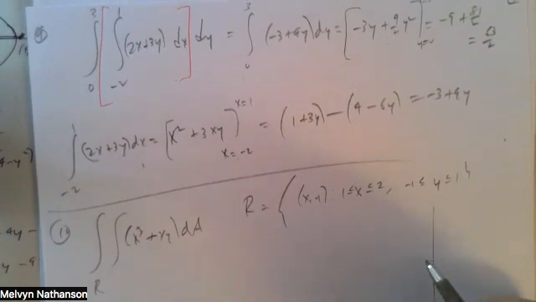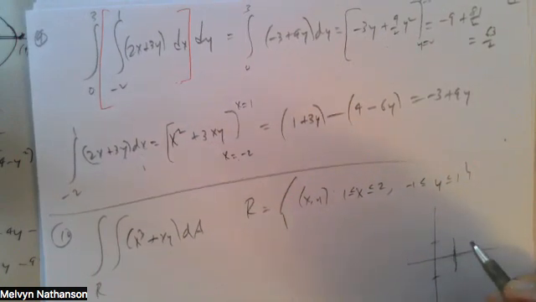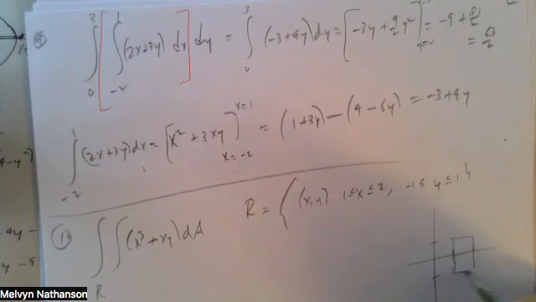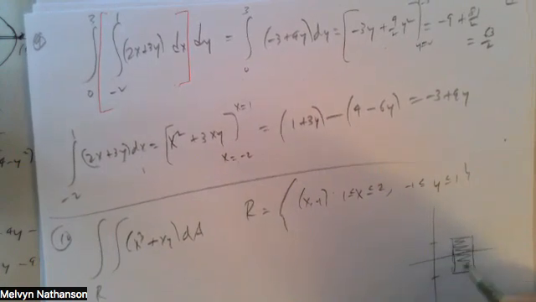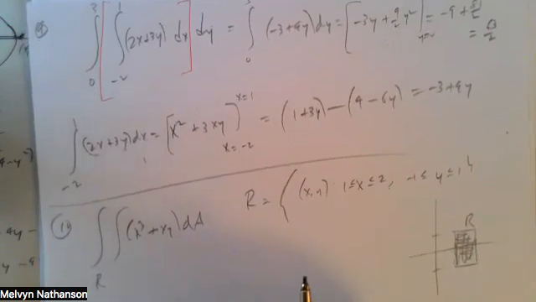So that's the region in the plane. X goes from 1 to 2, y goes from -1 to +1. So this is my region R.